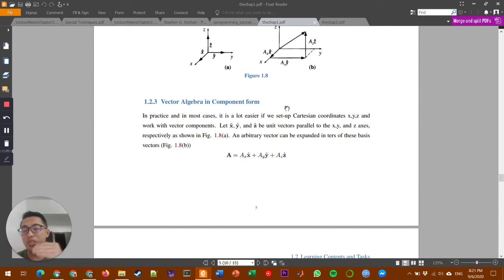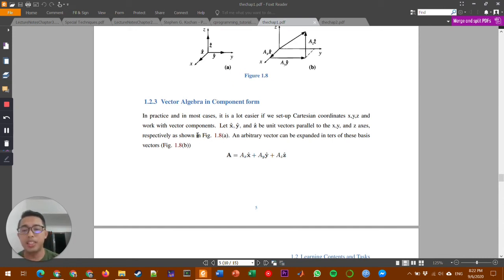Let's say, medyo vague siya if mo-depende lang ka sa drawing. To be more exact, we have to quantify vectors kung unsa gyud ang iyang sum, iyang product, asa ang direction. Then the vector algebra in component form comes now into the picture. So mas accurate ni siya, mas exact gyud siya.